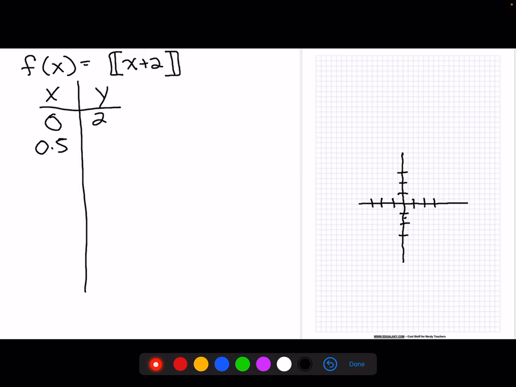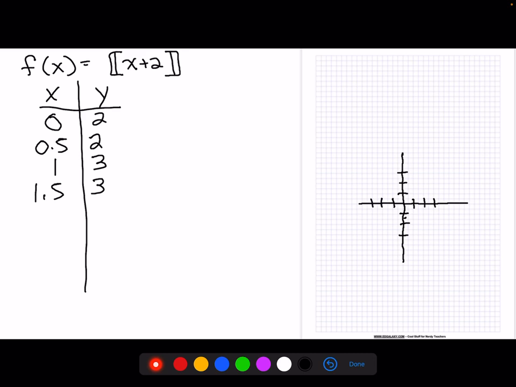Well, the greatest integer less than 2.5 is 2. Let's say you plug in 1. 1 plus 2 is 3. So you get 3. But let's say you plugged in 1.5. 3.5, greatest integer less than that is 3. So this is the same kind of step pattern as earlier, except it's shifted.